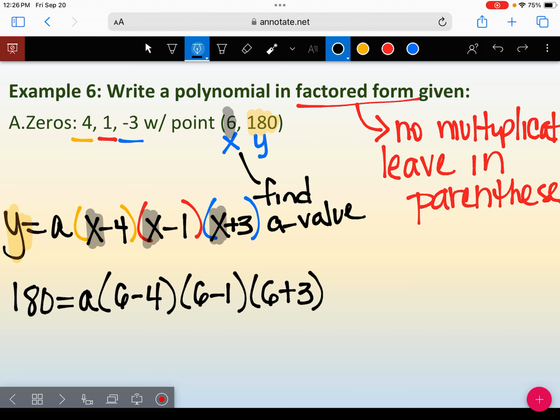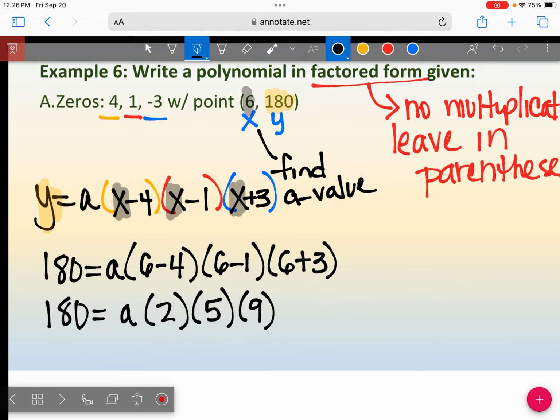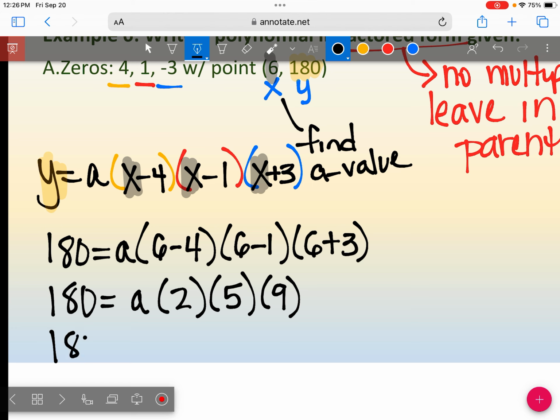So we have 180 equals A times, and that's a 2, a 5, and a 9. What do we get when we multiply 2 times 5 times 9? 90. So that means 180 equals 90A. And then to find A, what would I have to do?